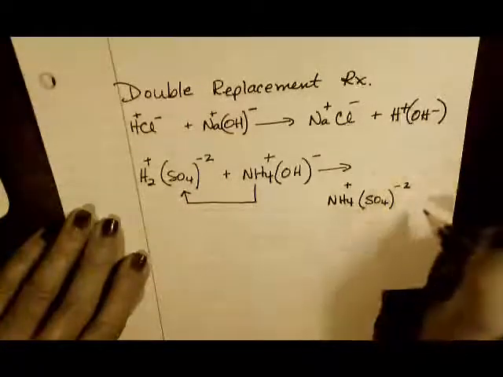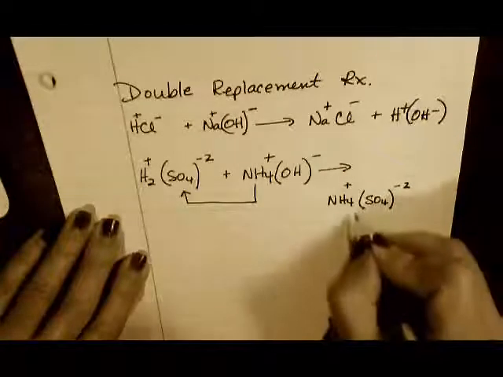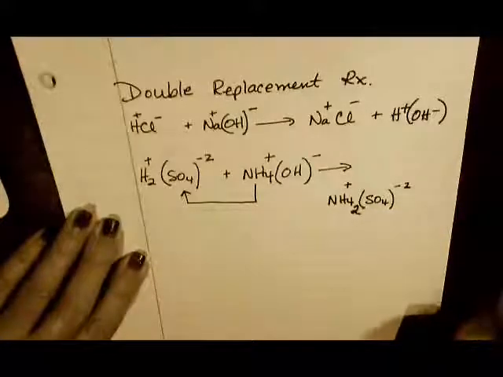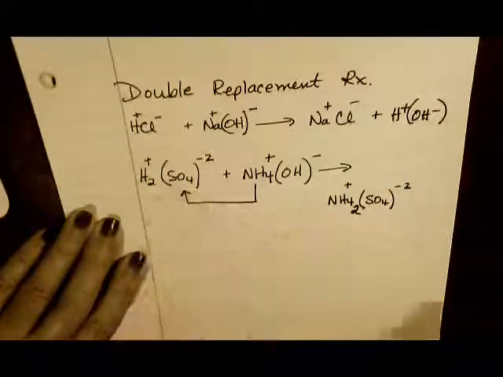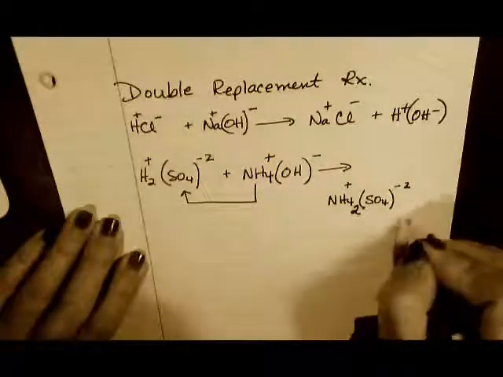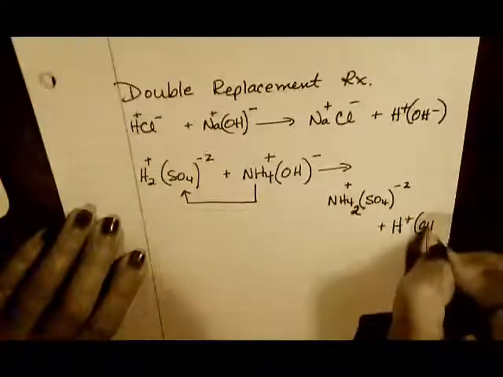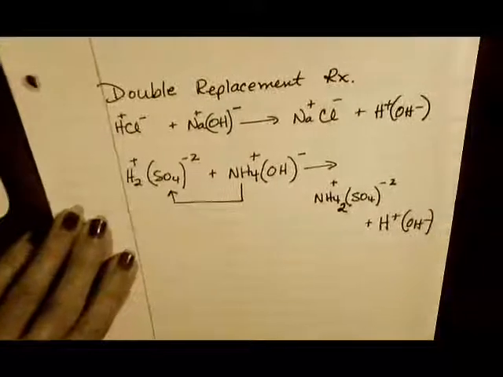So we have to account for that. You can't lose one electron and gain 2. So we put a subscript of 2 down there to balance the charges. Now we have H and OH left behind, so it becomes H plus and OH minus, which is the neutralization, that's the water.